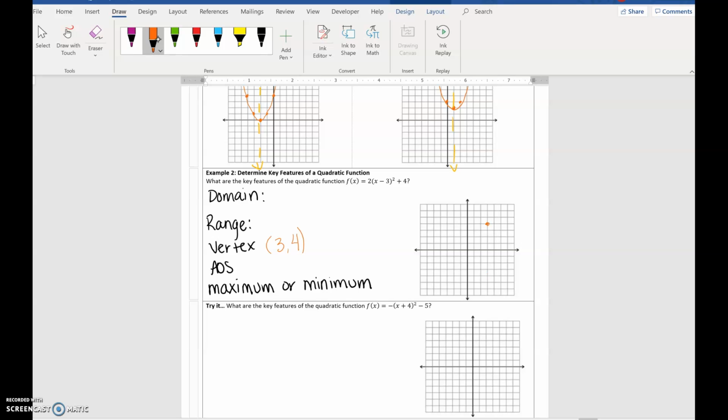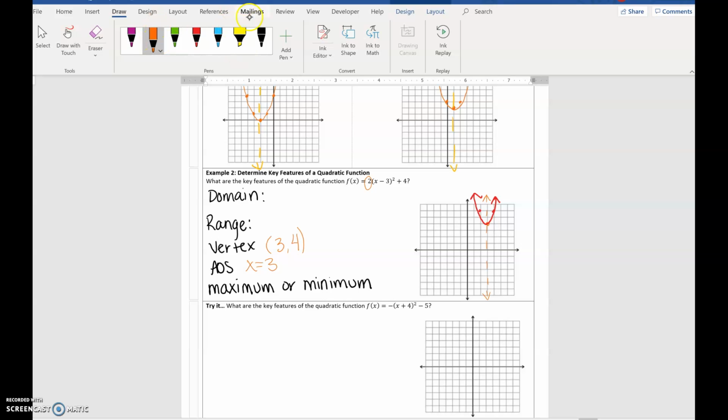And then we have a dilation of 2 right here. So we're actually going to go over 1, up 2, and then we are off the graph, so we're just going to draw it there. Our axis of symmetry is where we can cut it in half, so right along here. So x equals 3.